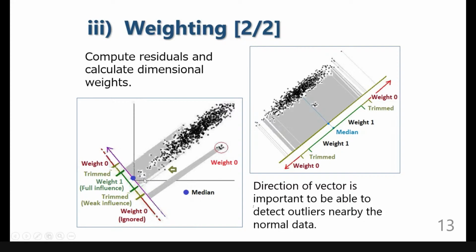If one particular observation is quite near the median on this vector, the weight would be quite near 1. But if it is very far from the median, the weight is reduced, and finally it will be 0.